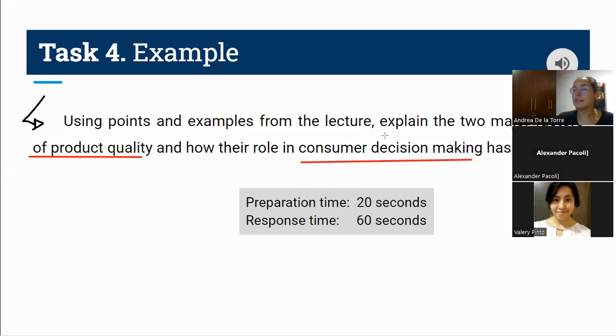So my suggestion is look at the question, always read the question, and when you're speaking, you will have to mention what you have here, the two major factors of product quality, okay? Which is the same as we said, right? This is what Alexander said. Two factors that determine the quality of a product. That is the same as saying two major factors of product quality, right? So use what you have in the question. Is that also clear?